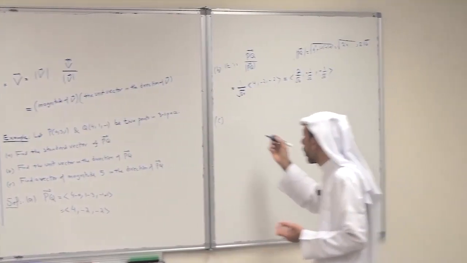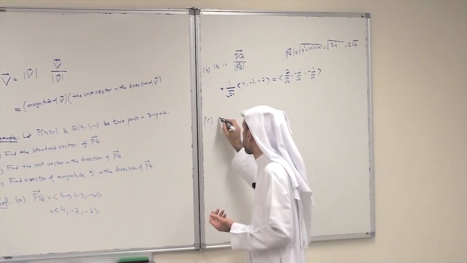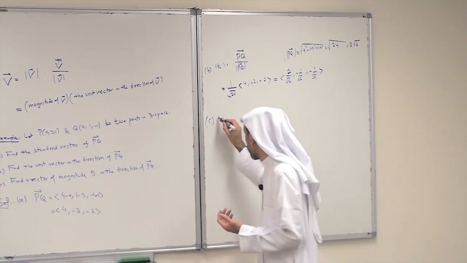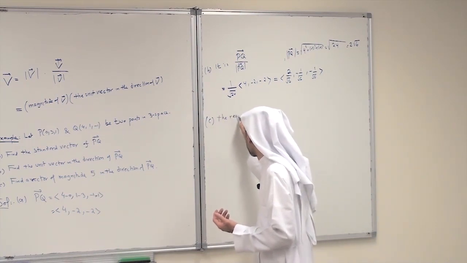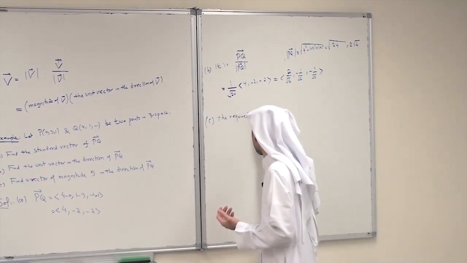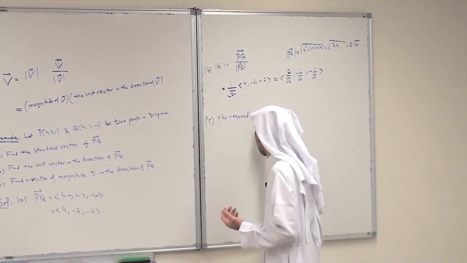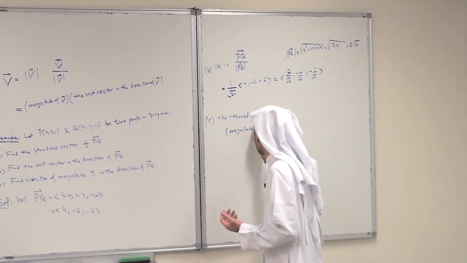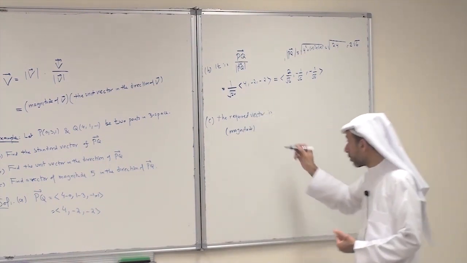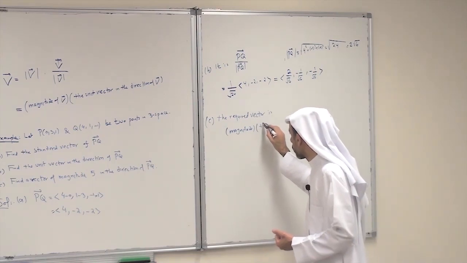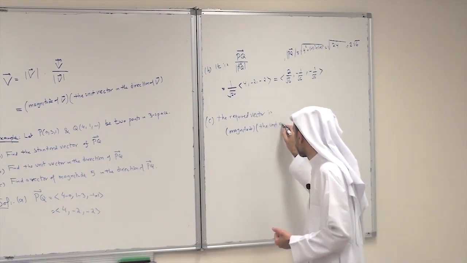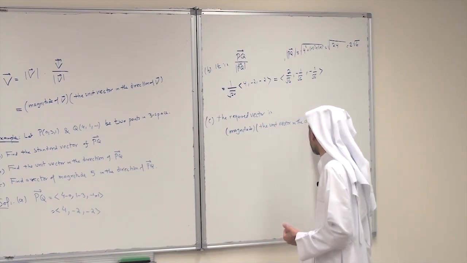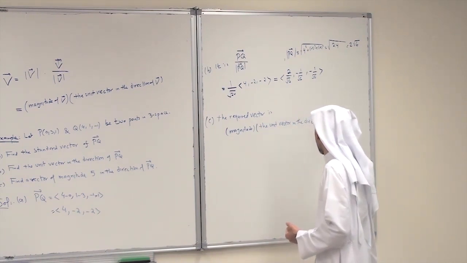So the required vector is just the magnitude times the unit vector in the direction of PQ.